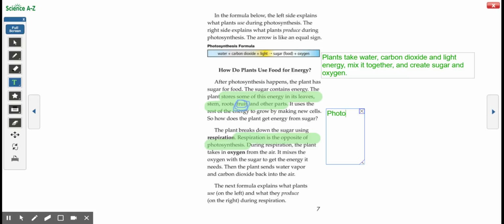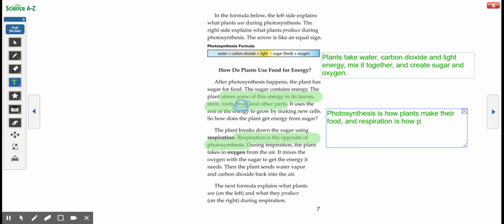So photosynthesis is how plants make their food, and respiration is how plants eat their food, or how they use their food to get energy.